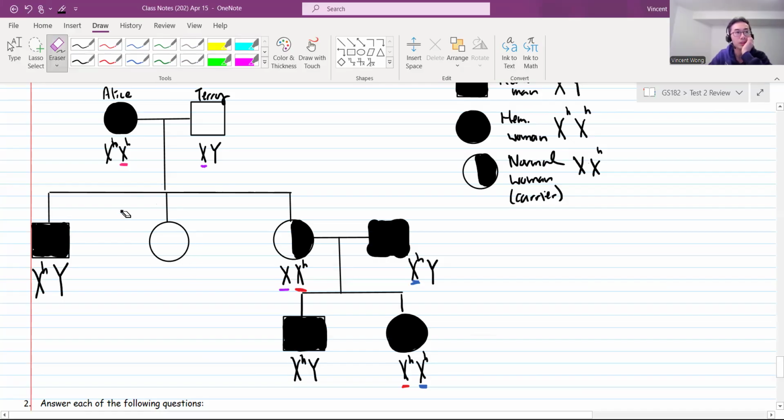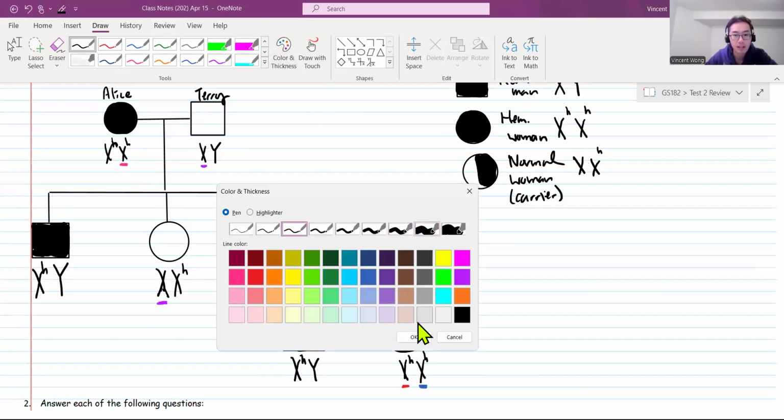Yeah, she's definitely a carrier. The father is going to pass on a normal X, that's all he can pass on to have a daughter, and the mother is going to pass on a disease allele. So she's definitely a carrier.